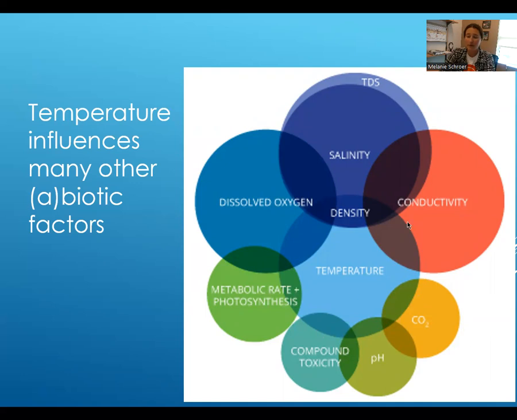Temperature is going to determine how much salt can dissolve in the water. It's going to determine how much CO2 and oxygen can dissolve in the water. It can influence pH and toxicity. And where I want to start first is talking about metabolic rate and photosynthesis. Okay, so we'll talk about a couple of these as we go along.